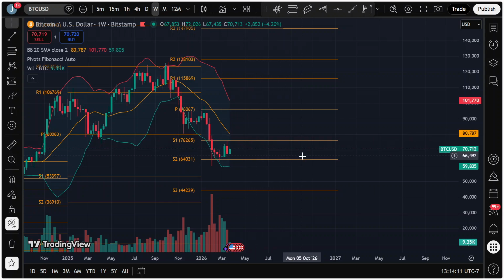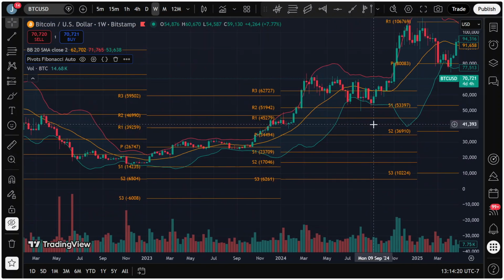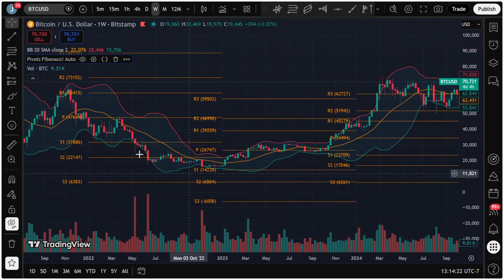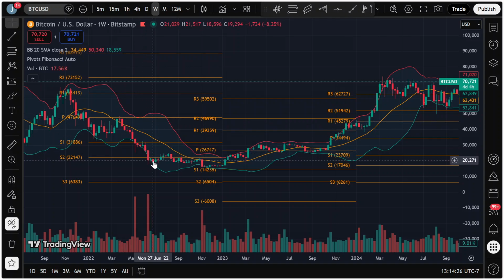I don't know if we break 64K in between then or not. I'm not sure. I could believe consolidation. I mean, if we look at 2022, we see something very similar. This is April, and then it's going down into June, and then July, August is the lower high.